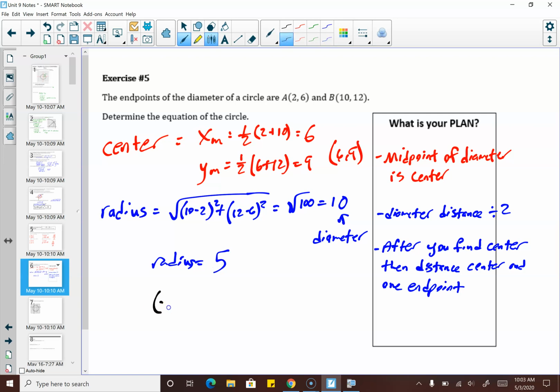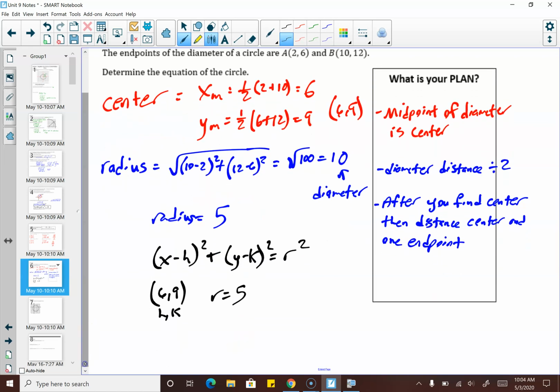So as we go to write our equation here, I'm going to write down what the formula is again. (x minus h) squared plus (y minus k) squared equals r squared. Our center was (6, 9), so that's h and k. And then our radius was 5.